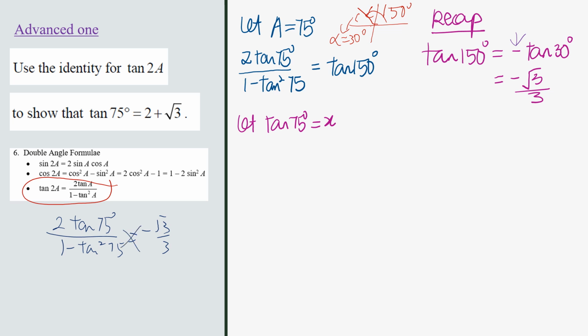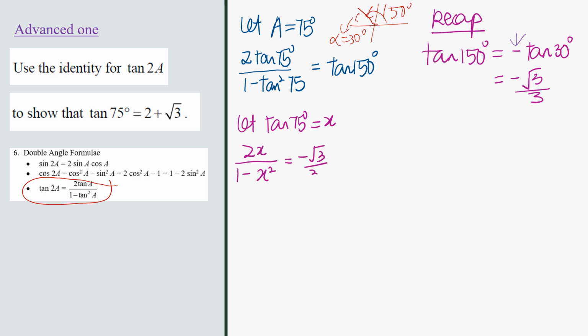It's confusing. But if you let tangent 75 equal x, it converts the equation into a quadratic equation that you are familiar with. So you replace tangent 75 with x, you get 2x over 1 minus x squared equals negative square root 3 over 3. You just do a cross multiply.